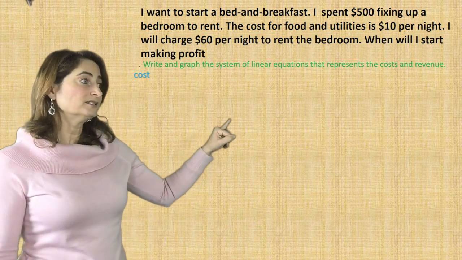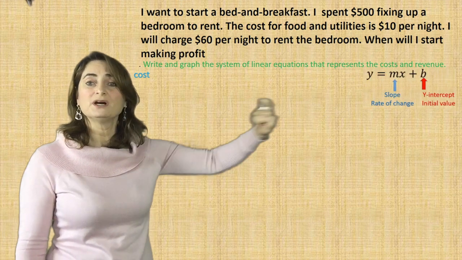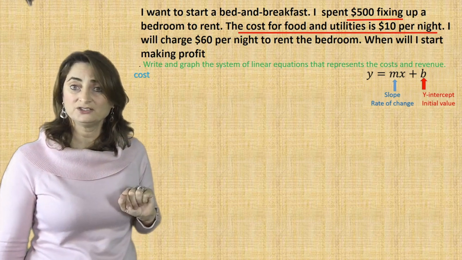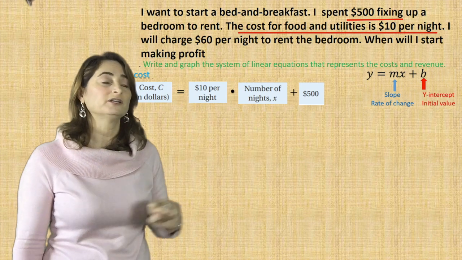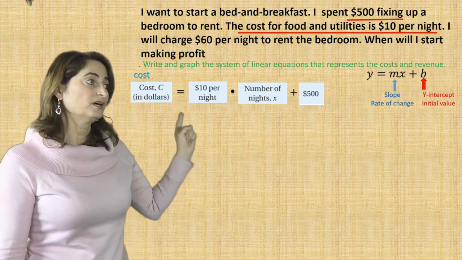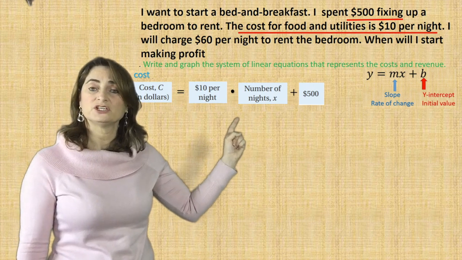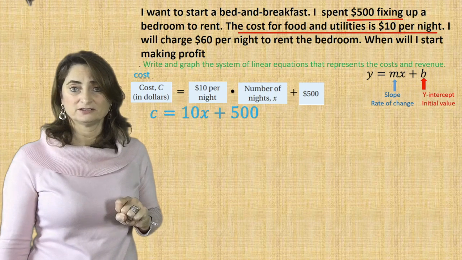So the cost would be in slope-intercept form because I have a starting point and I have a rate of change. So I would write the equation in slope-intercept form, y equals mx plus b. So the cost, which is C, equals $10 per night, so the rate of change is 10, plus the starting cost, which is $500.